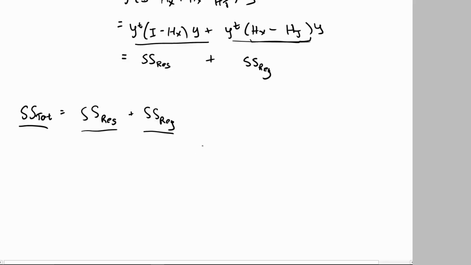And so what is a very common thing to do is take SS regression, the amount of variability explained by my regression model, and divide it by the total variation. And then what is that going to give us?